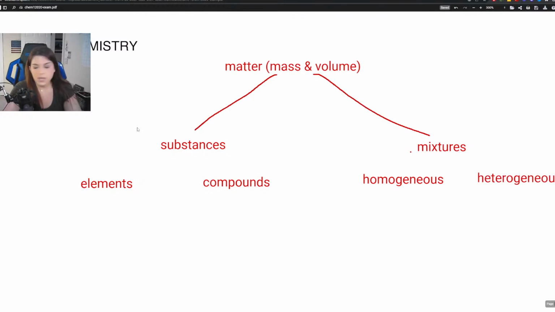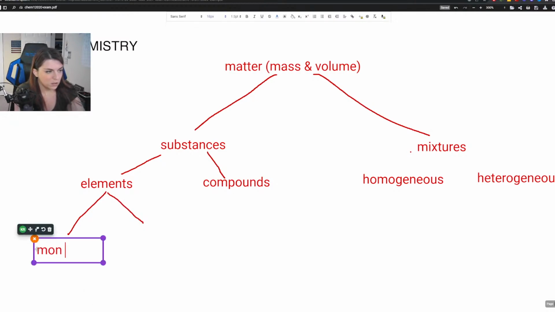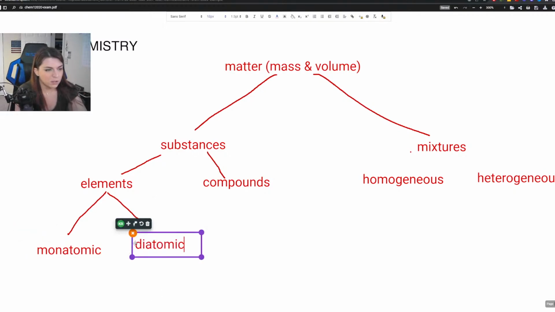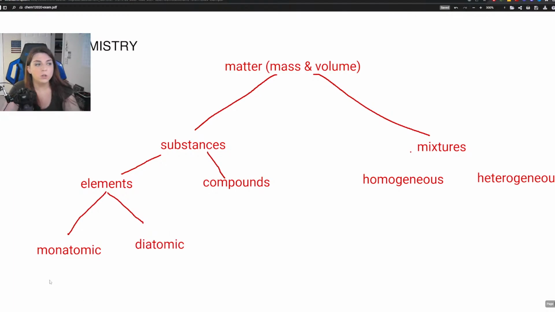So what I like to do is remind myself that elements can come in two different formats. They can come as monatomic, which is most of them. But they can also come as diatomic, which are the Brinkelhoffs, if you remember those.